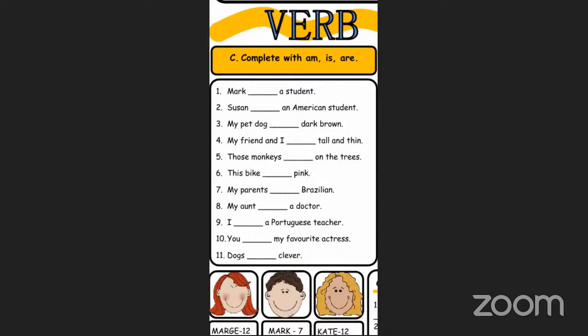Then you have the 9th one with the pronoun I. So with I, always you have to use the be verb am. I am a Portuguese teacher.